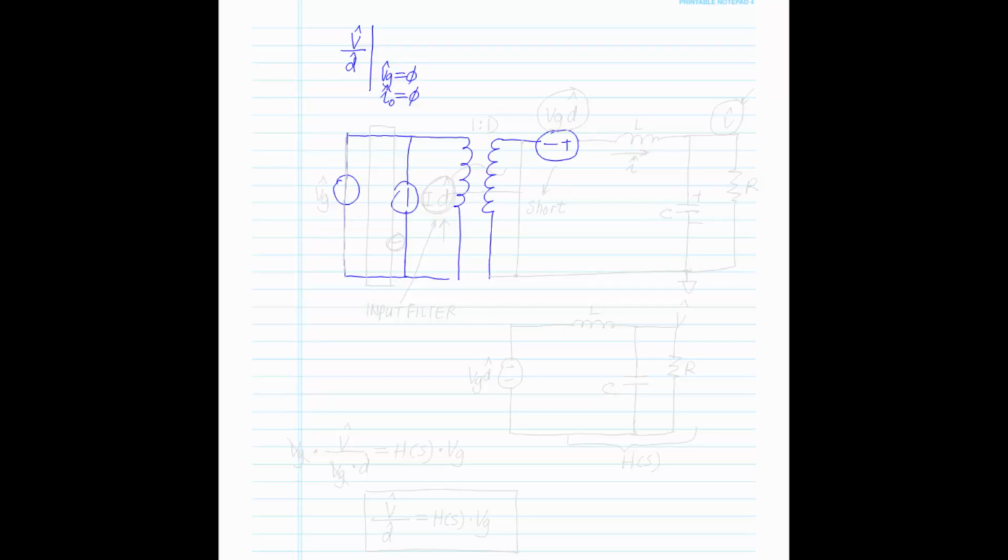So what we're going to do is take our input, V sub G, and short it. That's VG hat. You can see that there's that current sense. We're going back to that schematic, and there's the 1 to D. And we're going to place this duty cycle back, which is VGD hat.